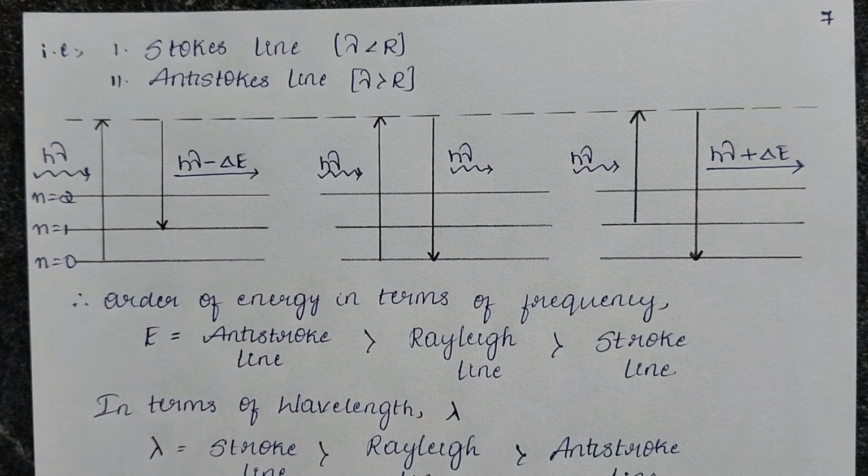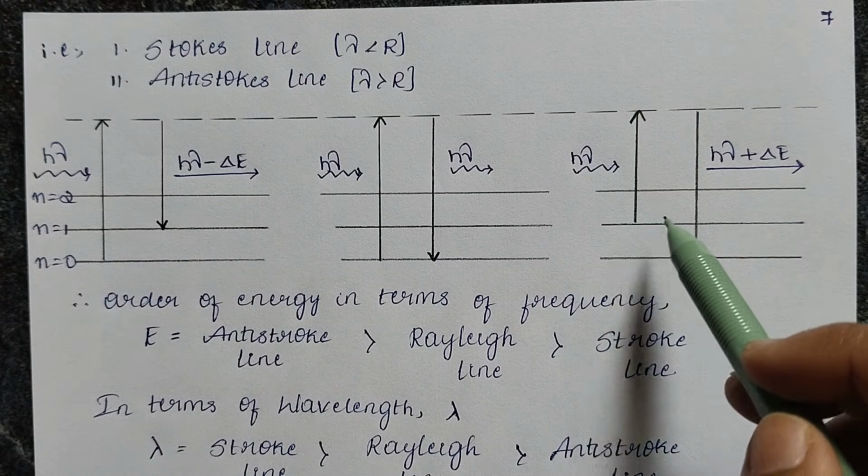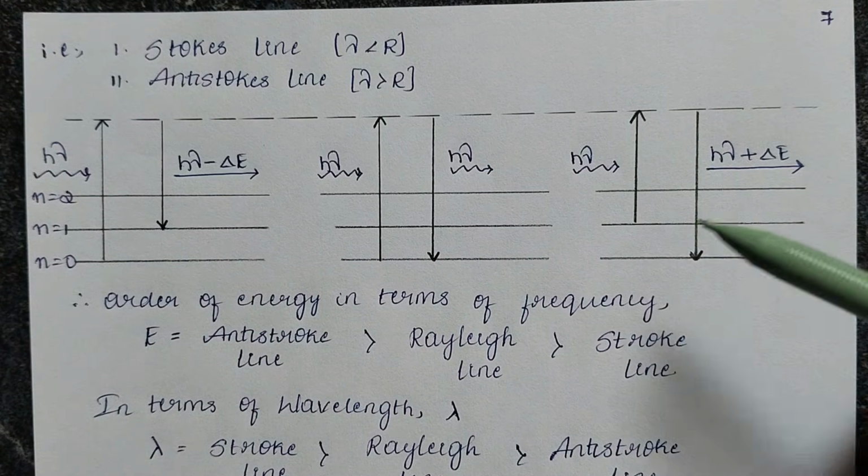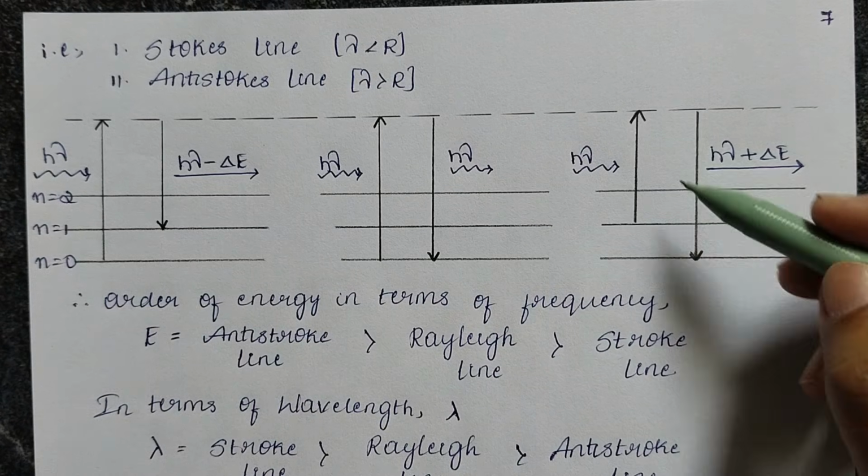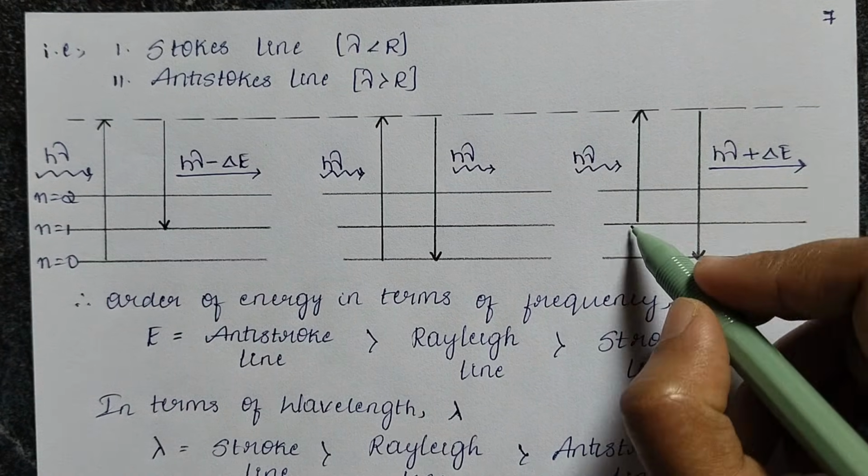And another type of radiation is when the electron will transit from one of the higher energy levels. Now let us consider this as 1, 2 and 0.